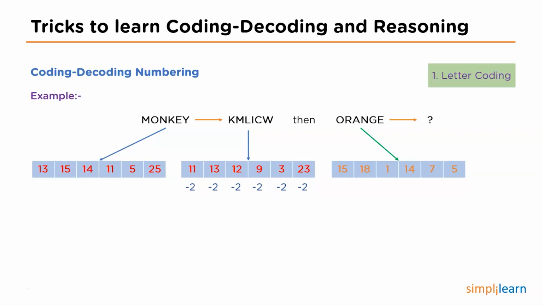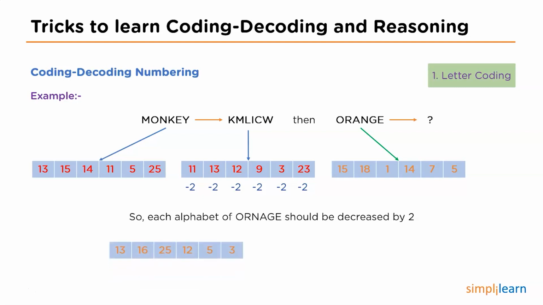So, in the same way, each alphabet is decreased by 2. So, the solution for orange would be 13, 16, 25, 12, 5, and 3. And the word should be coded as M, P, Y, L, E, and C.